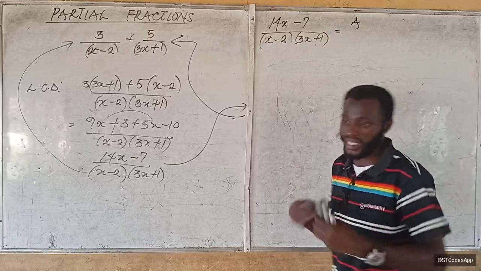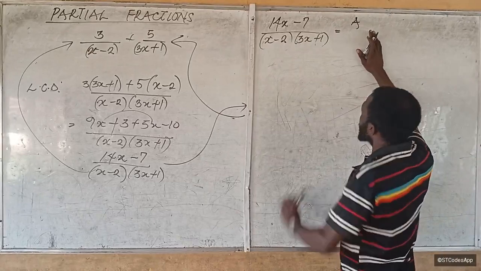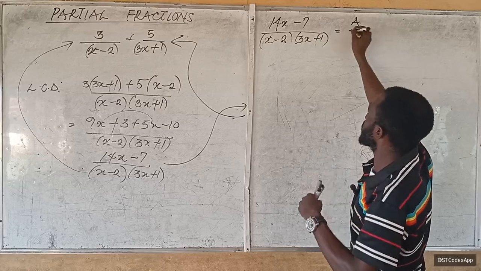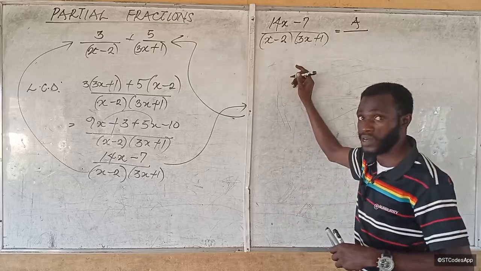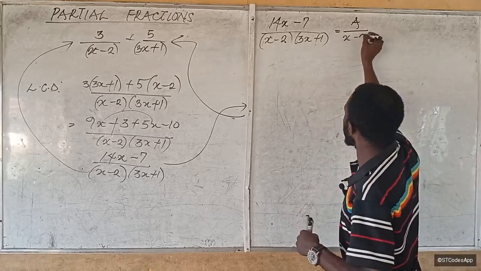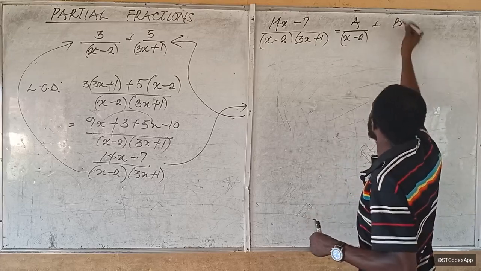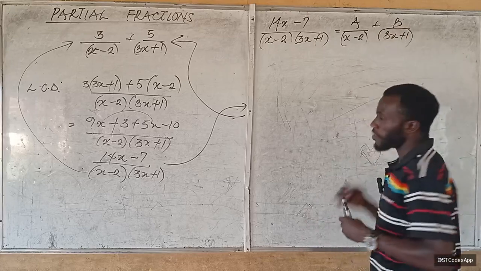Why is it a constant? It's a constant because what gave rise to this is a constant numerator A over the first part of our LCD, which is x minus 2, and another numerator B over the other factor, 3x plus 1.